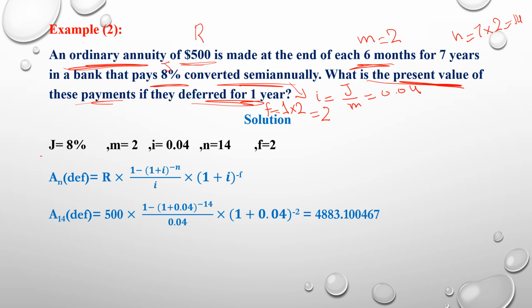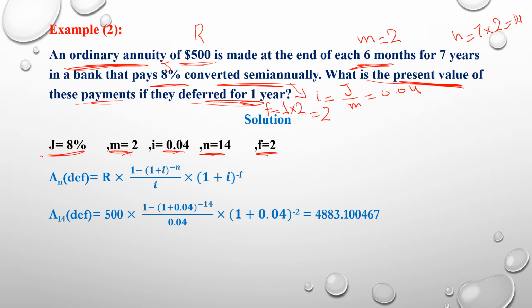So again, from the example, J equals 8 and M equals 2, so i is 4%, J over M, and n equals 14, f equals 2, and R equals 500.